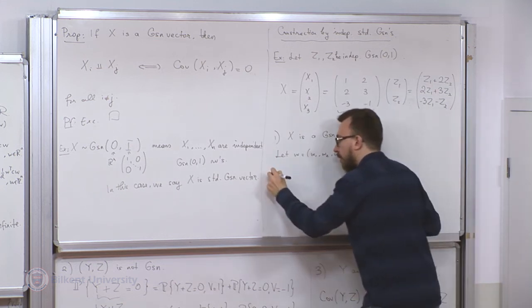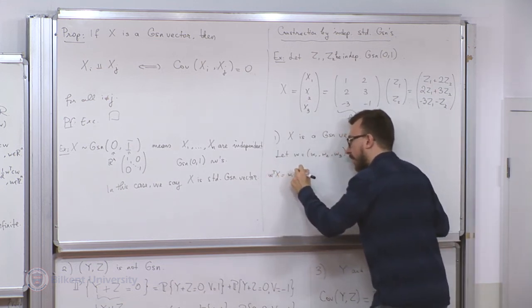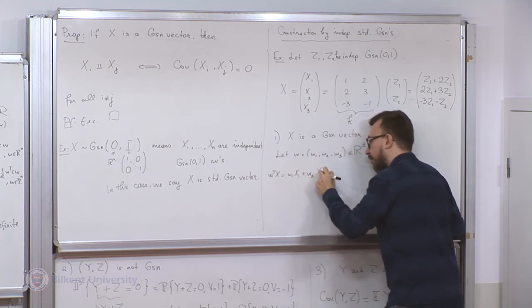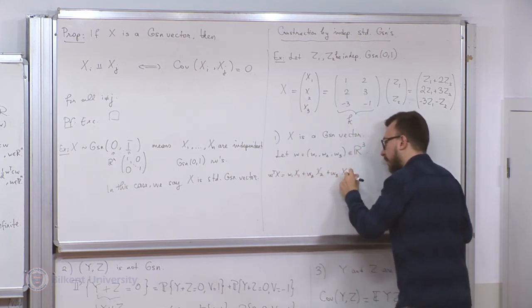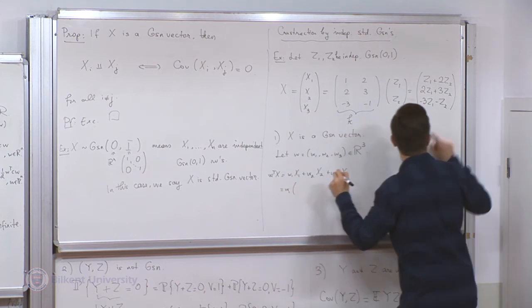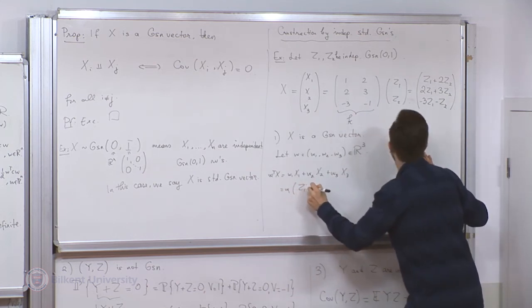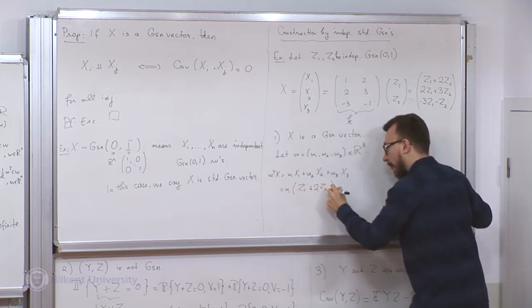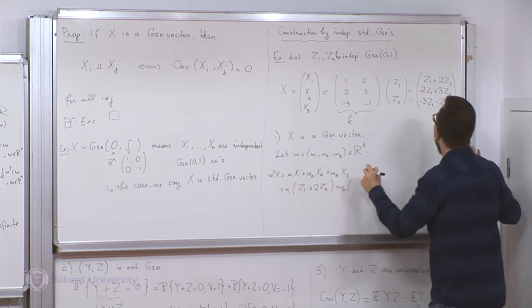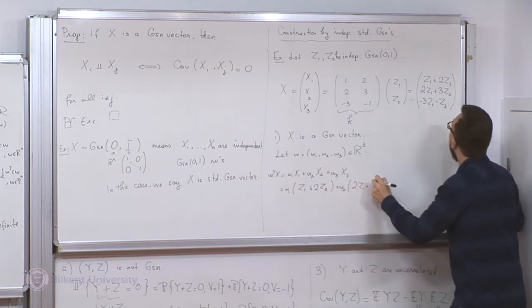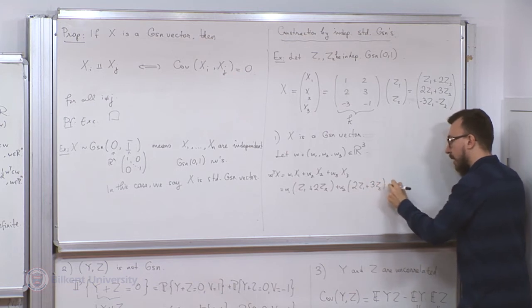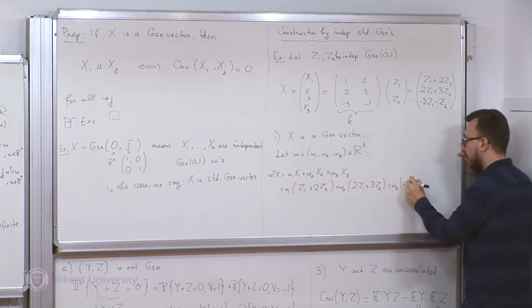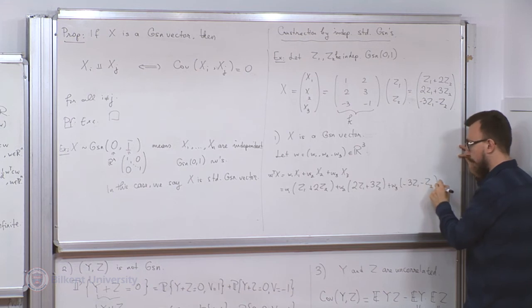We look at W transpose X, right? So W1 X1, W2 X2, W3 X3. So W1 X1 is Z1 plus 2Z2. W2 X2 is 2Z1 plus 3Z2. And W3 X3 is minus 3Z1 minus Z2.